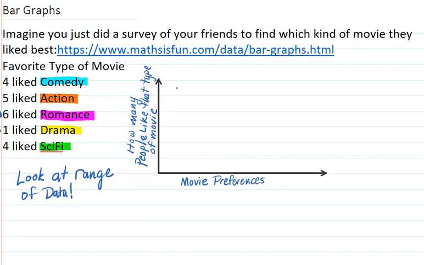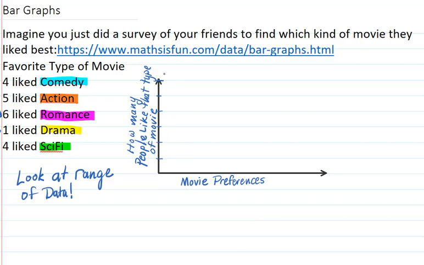If I make each one of these lines 1, will I be able to fit it on here? 1, 2, 3, 4, 5, 6. Just barely. So I can use the scale provided and I won't run out of space.